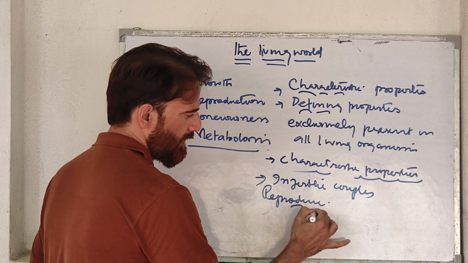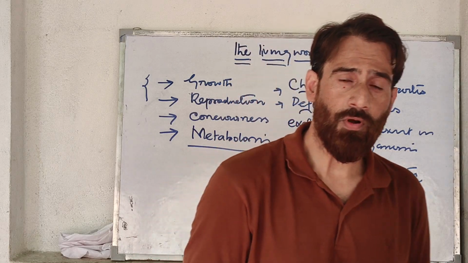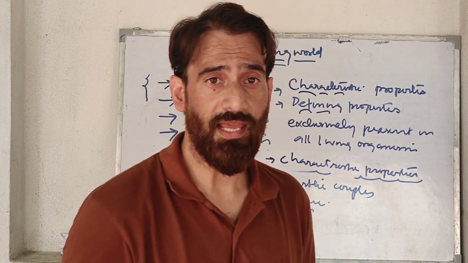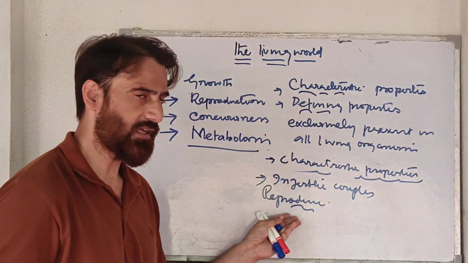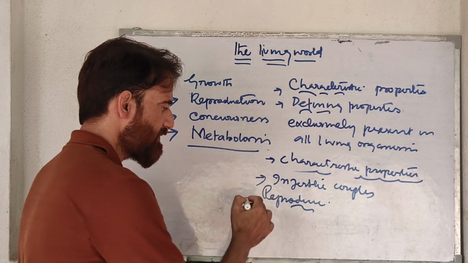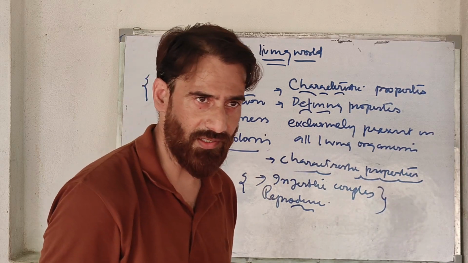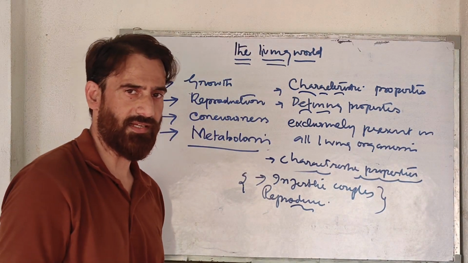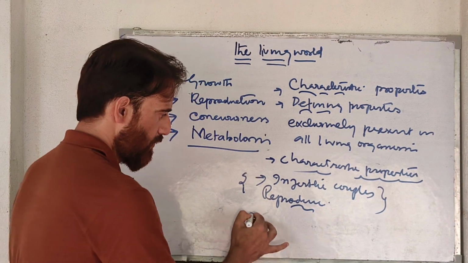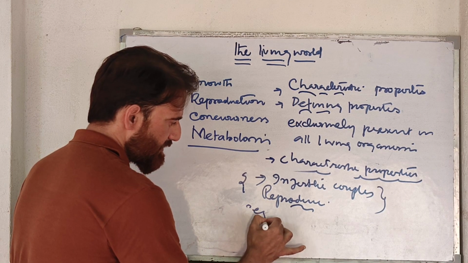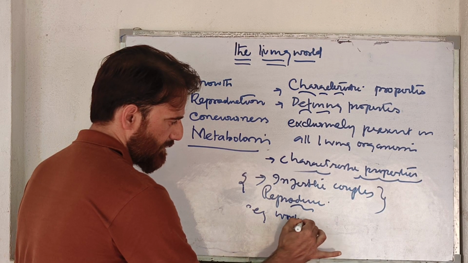That means the property of reproduction is absent in infertile couples. That is why this is a characteristic property. This is the exception. This cannot be called a defining property. Another example is worker bees.